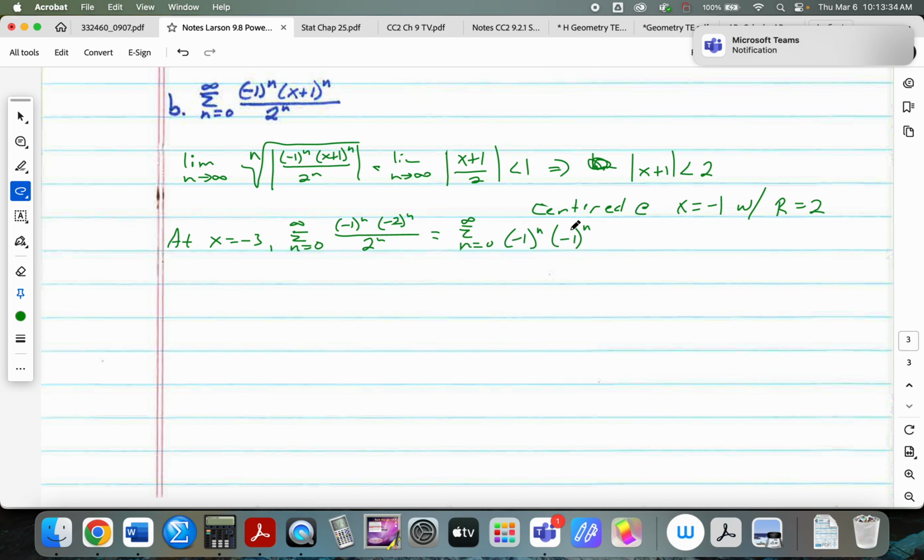Well, whether n is odd or even, negative 1 to the nth times negative 1 to the nth is going to be 1, right? So that's the summation as n goes from 0 to infinity of 1. Well, what do we know about that? Divergent? Yeah. This diverges.